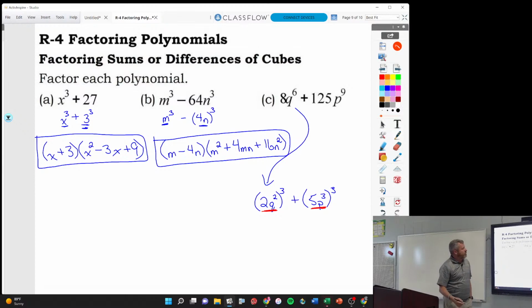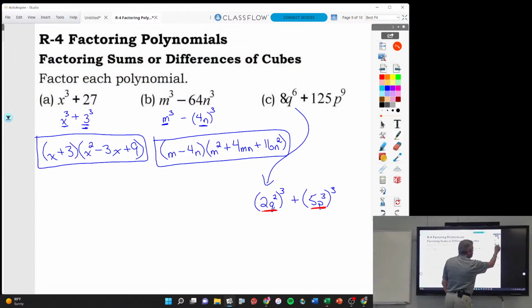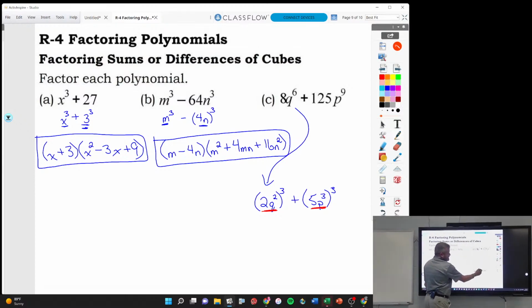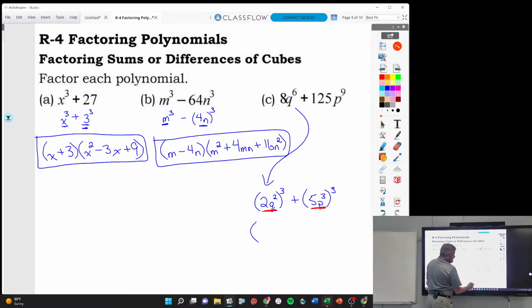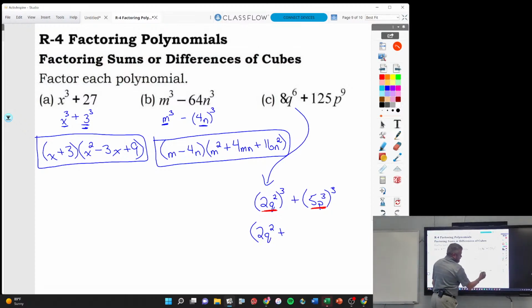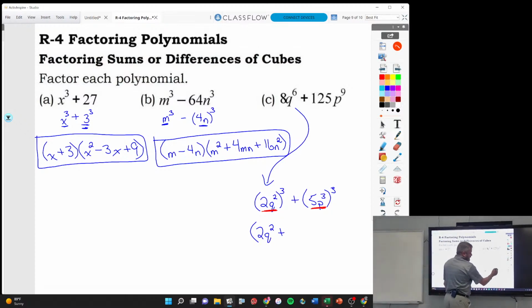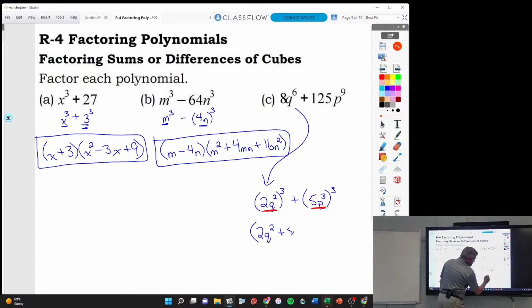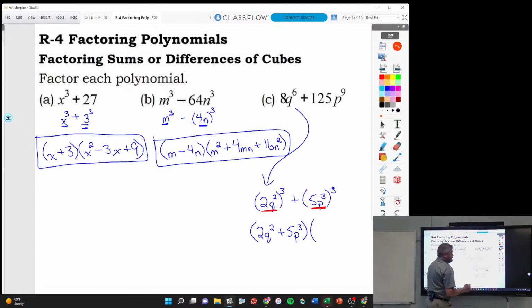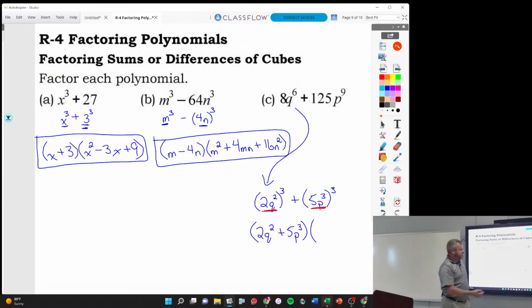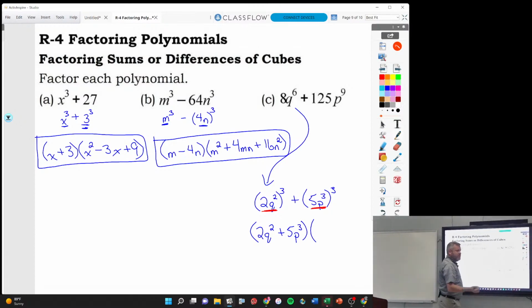Now let's apply that formula. The formula tells me that the sum of 2 cubes is x, which is 2q squared. Same sign, so plus y. My y is 5p cubed, so 5p cubed, times x squared, which means 2q squared, squared.